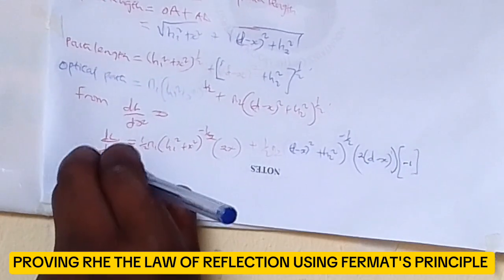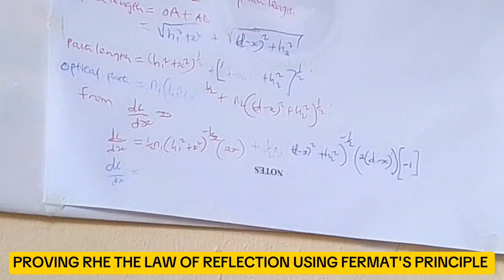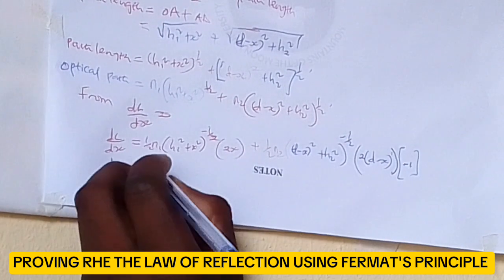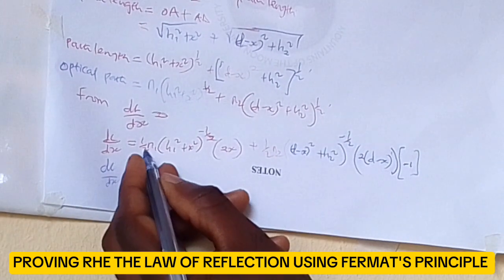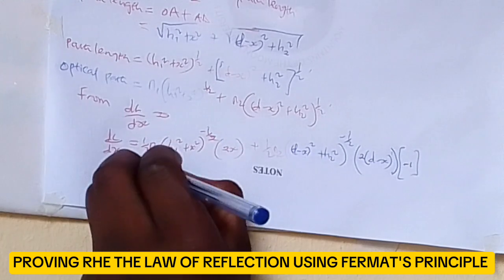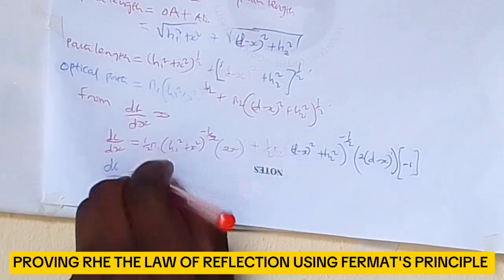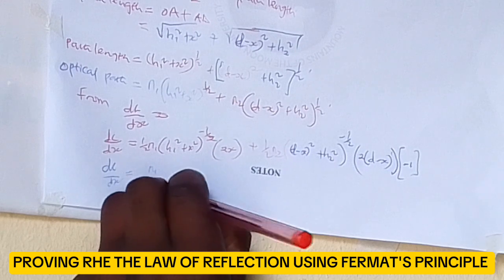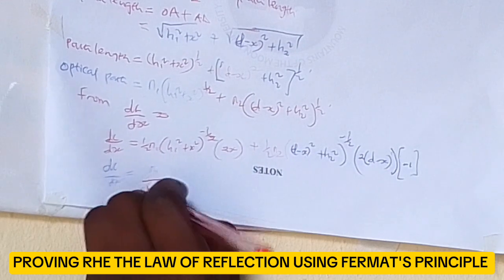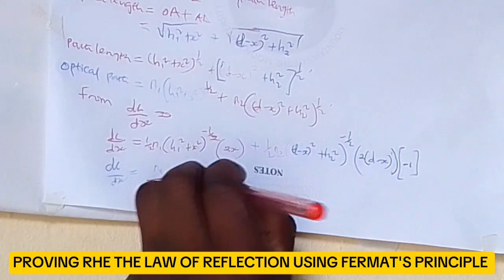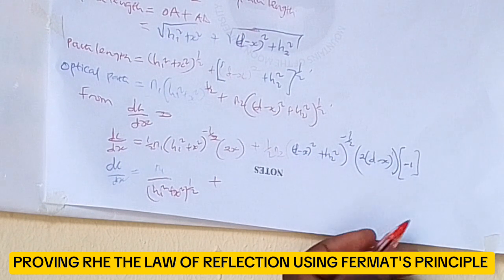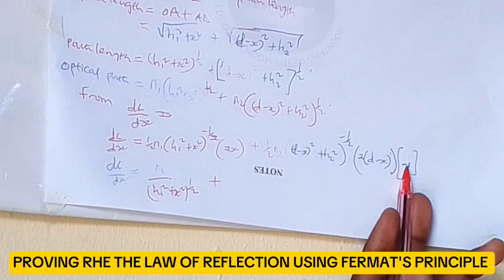So my dL/dx will be, this 2 will cancel with this, and I remain with n1 divided by h1 squared plus x squared to the power half, then plus, this is a negative.